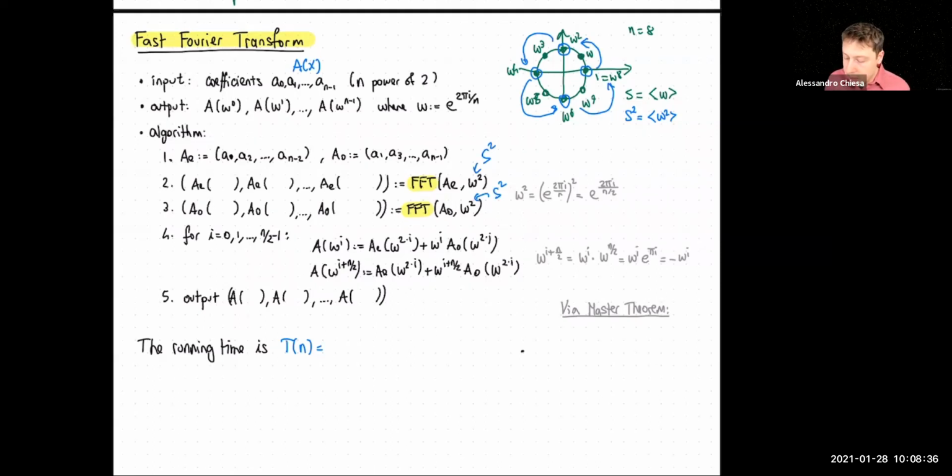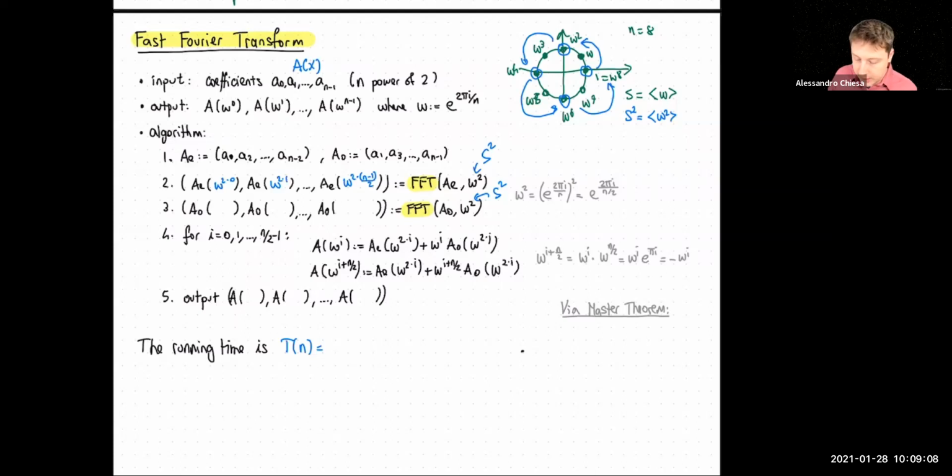Now, when we run these 2 subroutines, we are going to obtain the evaluations of the 2 polynomials on S squared. So what is that? That is AE of omega squared times 0, because it's to the 0, right? Omega squared times 1 is omega squared to the 1. Omega squared times n minus 1 over 2, because we have half of them.